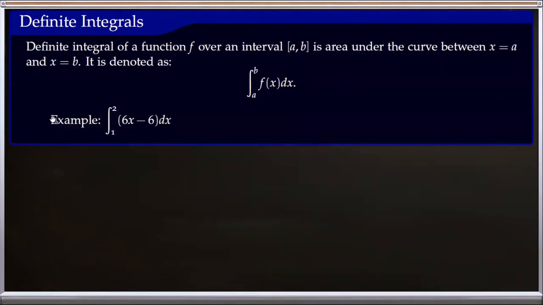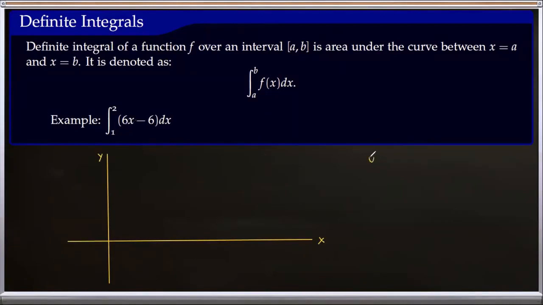So for example, let's look at the integral from 1 to 2 of the function 6x minus 6. Since we defined a definite integral as the area under the graph of the given function, let's first try to graph this function. To graph it, we can simply look at the intercepts.